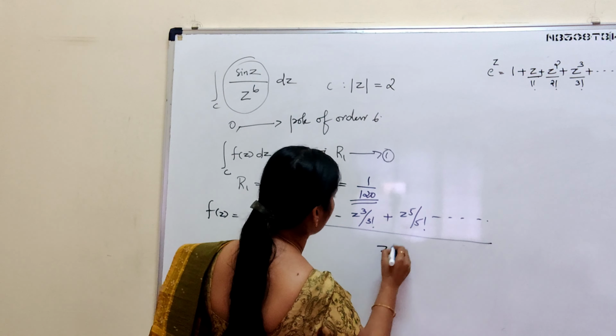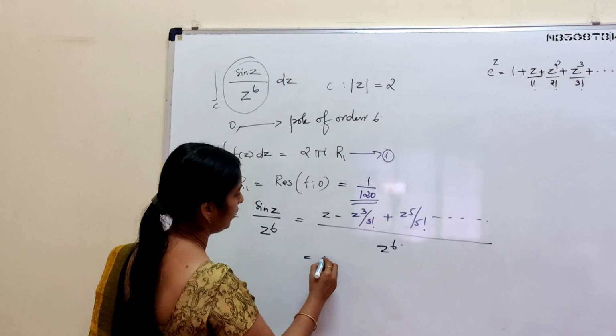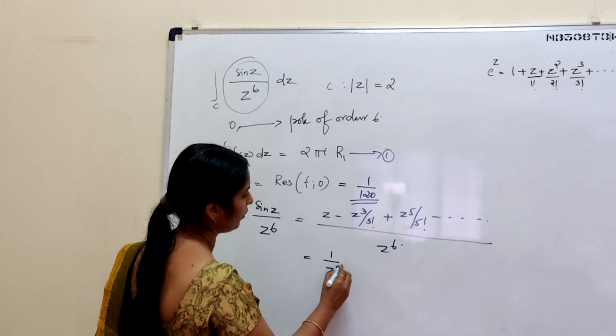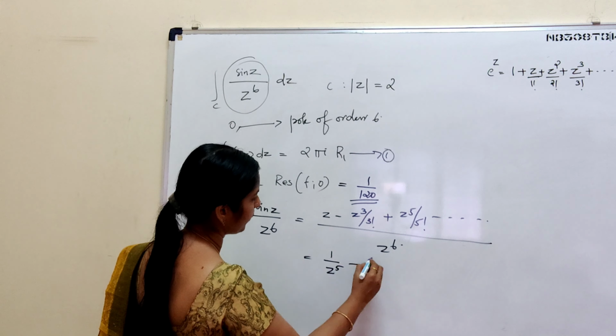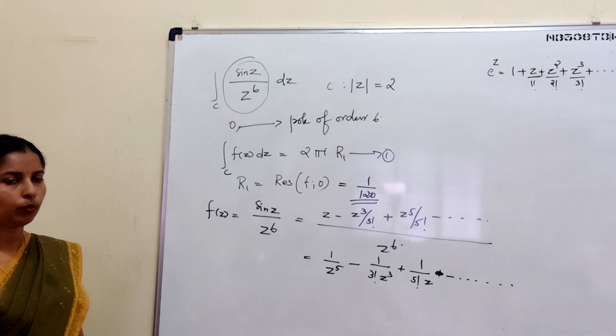So for getting the residue, you have to find the coefficient of 1 by z. It is 1 by z raised to 5 minus 1 by 3 factorial z cube plus 1 by 5 factorial z, minus etc. See, this etc. part contains higher powers of z.